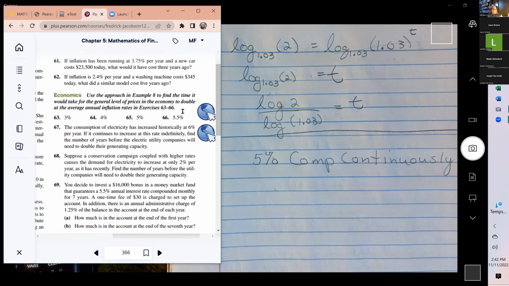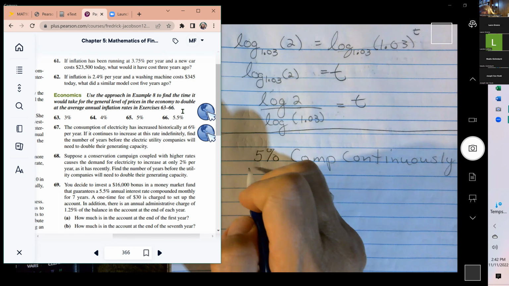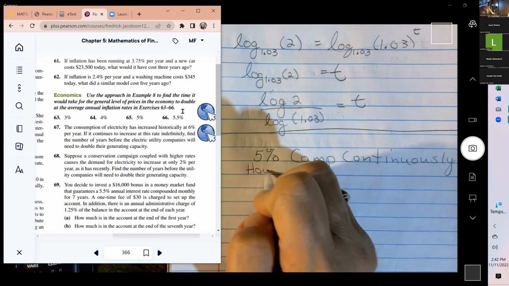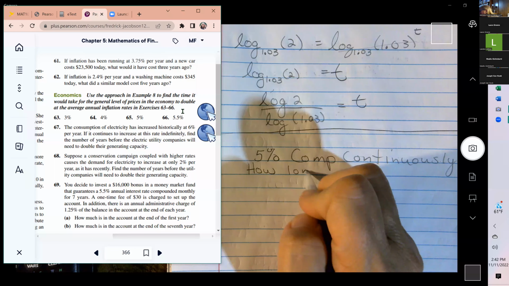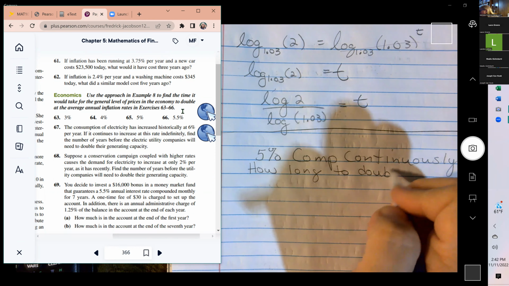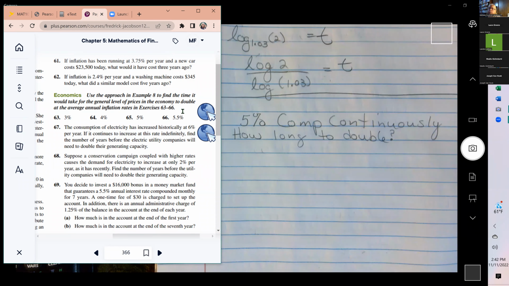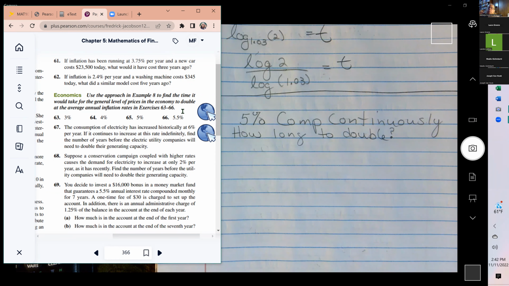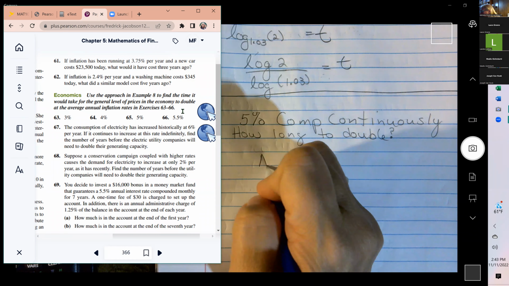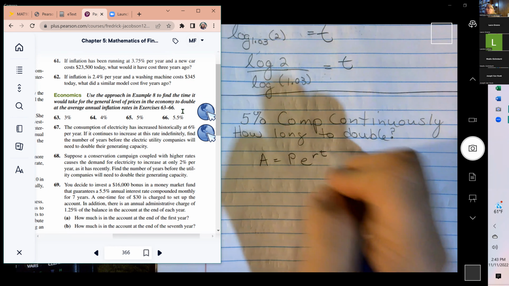I think the one on the test I did compounded continuously. So if we have 5% compounded continuously, how long does it take to double? Remember, compounded continuously, that's A equals P e to the RT.